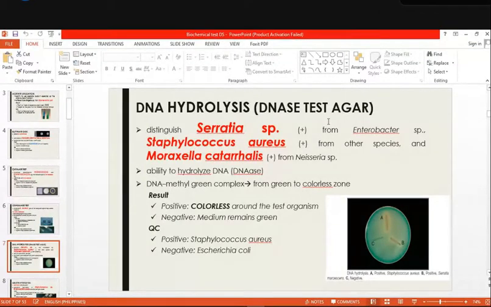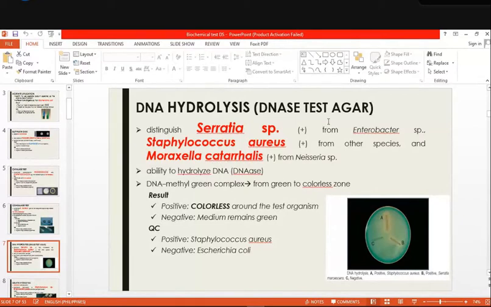Sabi nga kanina, pwede tayong gumamit ng ibang indicator. Pag ang indicator natin ay toluidine blue, the toluidine blue plus the DNA will have not a colorless result, but a blue result. When DNase hydrolyzes this complex, toluidine is reduced and converts to rose pink.